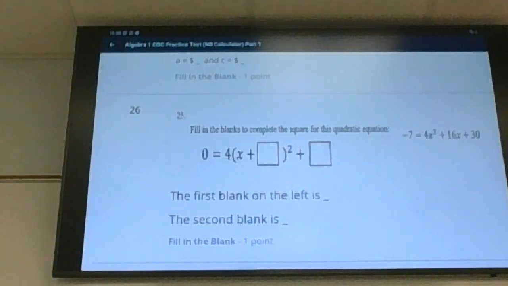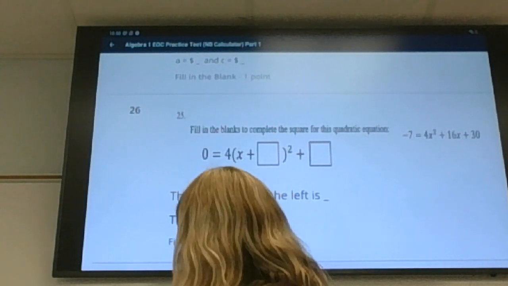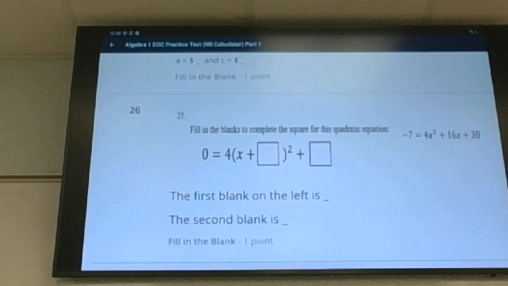So I'm going to find the vertex and put it in there. So remember when you find the vertex, you do -b over 2a? Yeah, that was 25. 24 and 25 went together. -16 and -2.